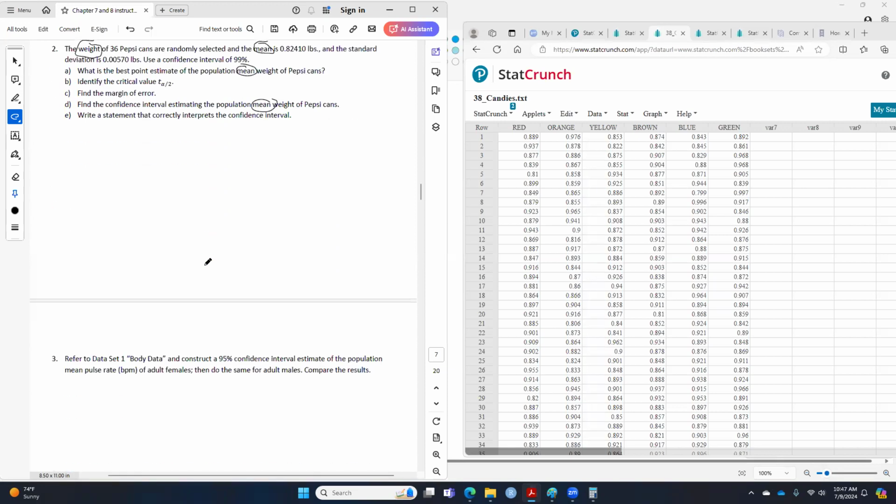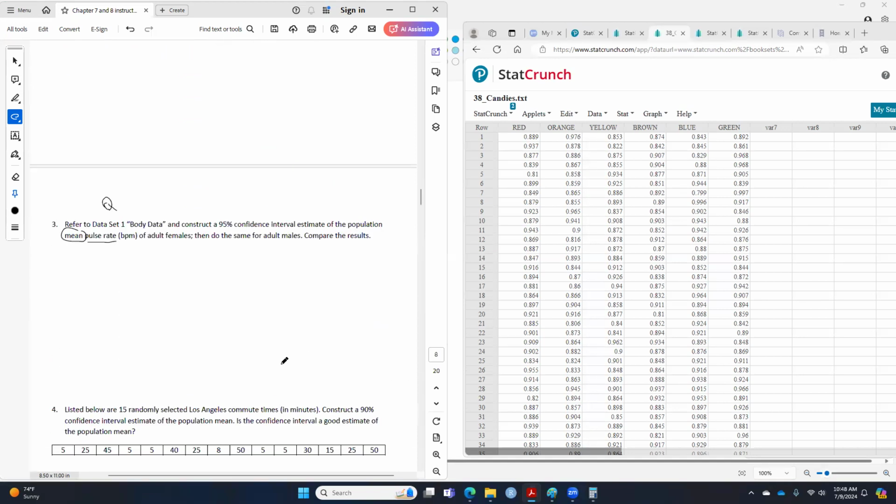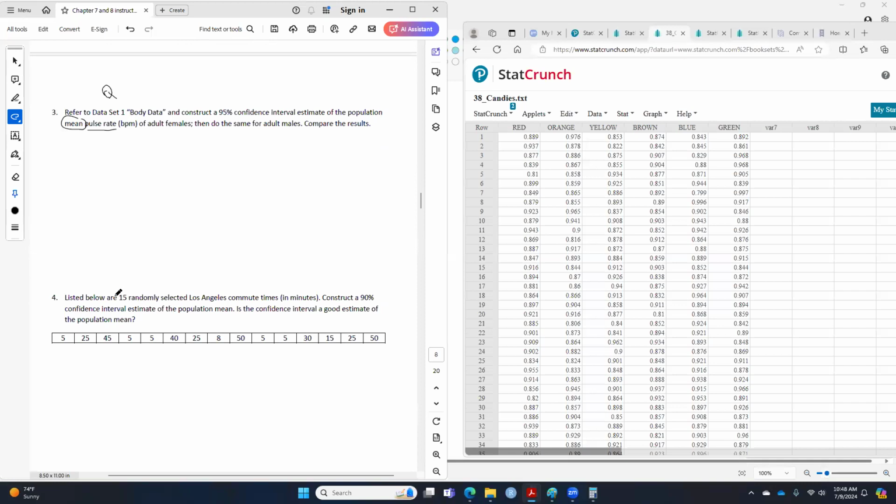Same thing with question 3. We are looking for the mean pulse rate. So pulse rate is a quantitative variable, and you see the word mean in this case, and you will not see the word proportion or the word percentage here. Okay. Same thing happens in question 4. This is commute times. This is quantitative in minutes, and you are asked to find the mean in this case.